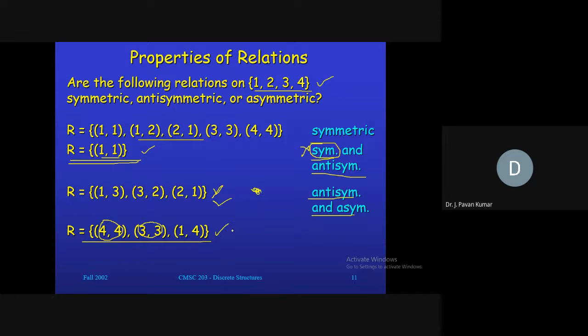But for anti-symmetric, whenever a symmetric pair is there, A is equal to B. That condition is satisfied in all the tuples here. 1 comma 4 is part of R, but 4 comma 1 is not part of R, so it is not a symmetric pair, and we need not consider whether A is equal to B or not. So it is anti-symmetric. Clear?